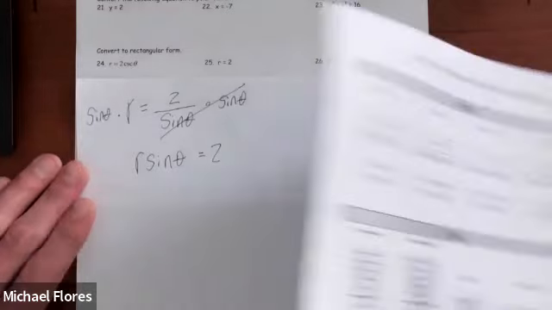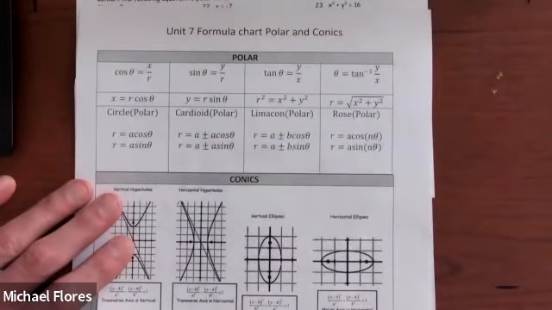And now we can go look at our little formula cheat sheet here. Careful with that word. r sine theta is equal to y. So this is the same thing as y equals 2, and that's your answer. Sorry, I forgot to mention what we were doing. Now we're going to convert these polar equations to rectangular. So we're just going the other way.